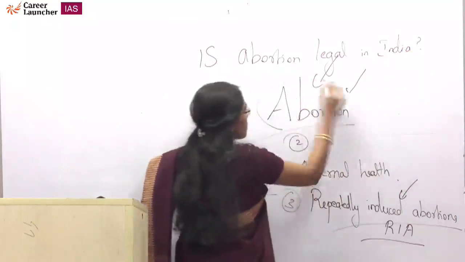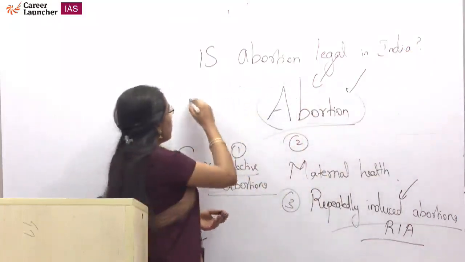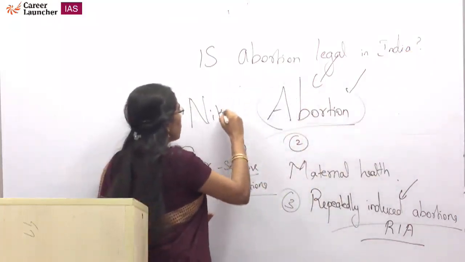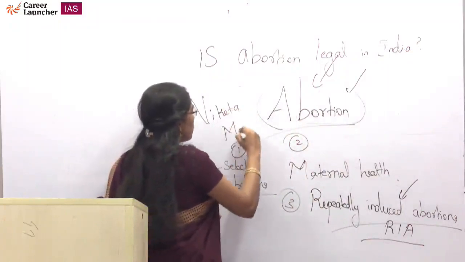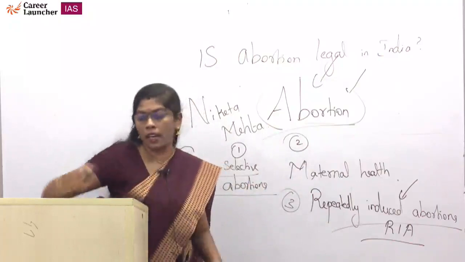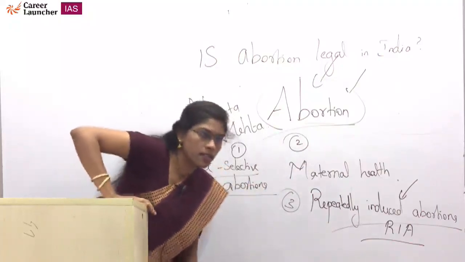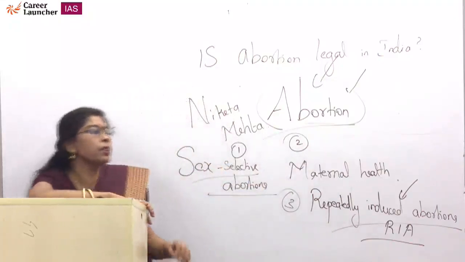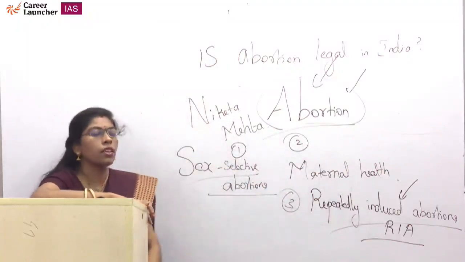I told you I am going to discuss a case. Niketa Mehta. This is the name of a lady who filed a complaint in the Mumbai High Court. When you surf the internet, you can find her, Niketa Mehta.